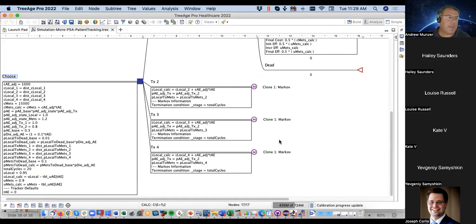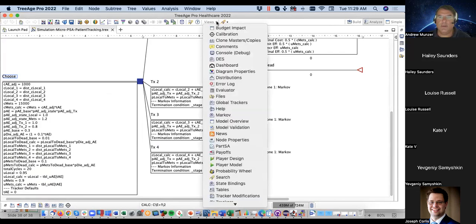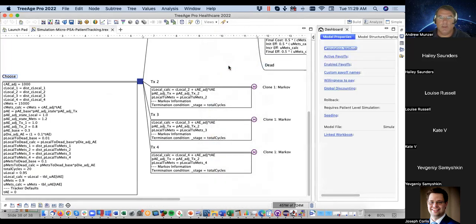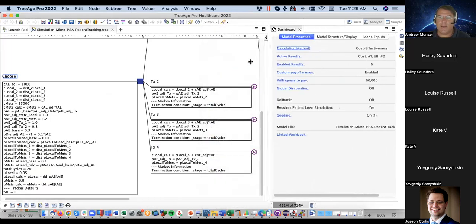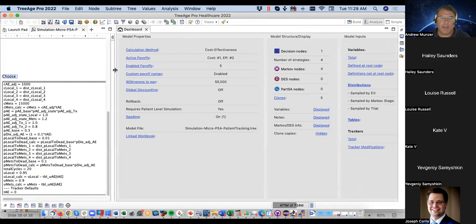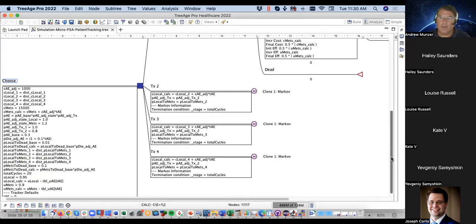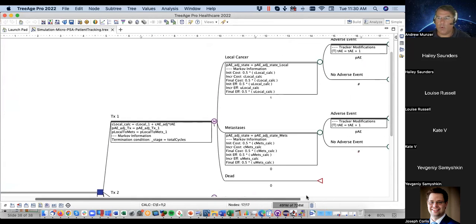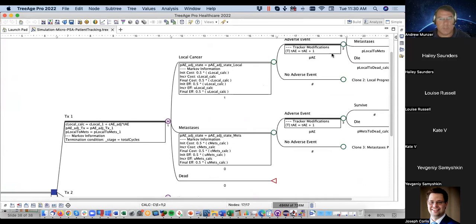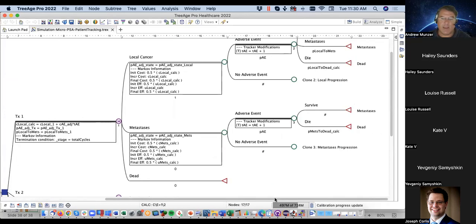This is a patient simulation model. You can tell because you see a tracker here, right? The only dashboard that used to exist was this one, and this one just gives you a view as to what's in the model. But you'll notice it says, yes, we need patient simulation for this, and the reason is because there's a tracker here that records the number of adverse events that's used for probability and cost calculations, maybe utility, I forget.